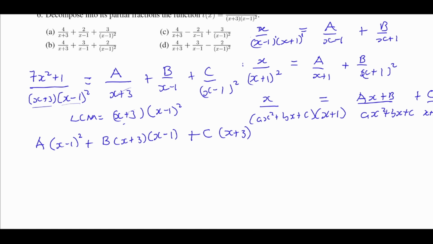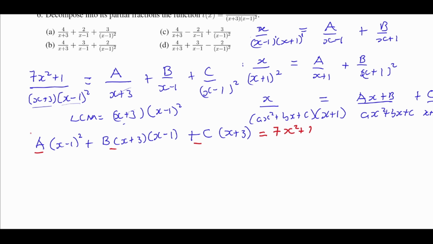That should give you the numerator, which is 7x squared plus 1. Now we have to find the values of A, B, and C, and then we put them back into the function that we have. Then that will be it.